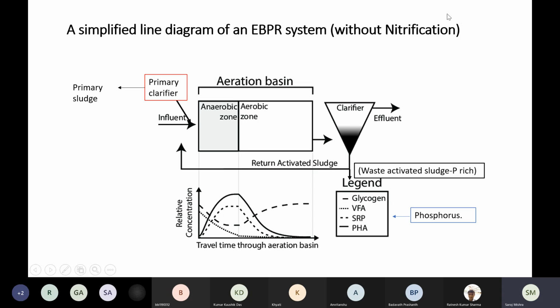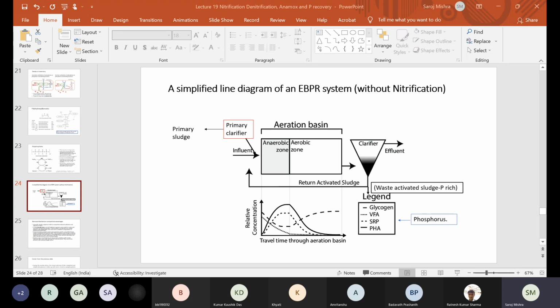So can you tell me why I have chosen the term nitrification here? Without nitrification, can anybody take a very intelligent guess on this? Any of you in the class, can you take a guess? I think there are just about 12 people today. Can you take a guess on why the term denitrification was used here?